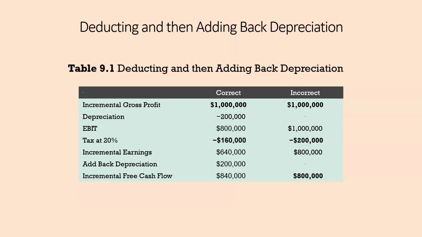Owing to the inflated EBIT, taxes would also be overstated, thereby leading to a lower incremental free cash flow. So it is worth noting that the $40,000 difference between the two scenarios solely arises from the variance in tax payments.